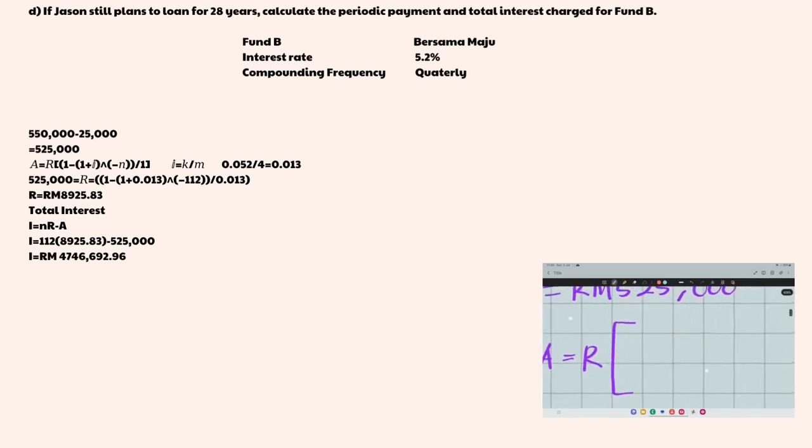In bracket 1 minus in bracket 1 plus I close the bracket.